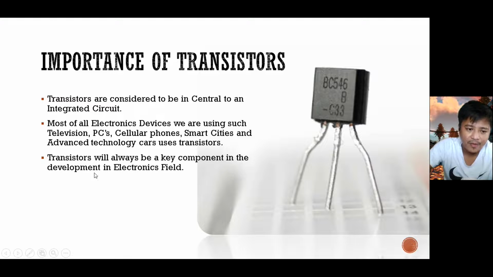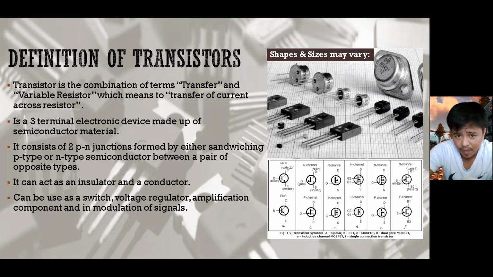And lastly, transistors will always be a key component in the development of the electronics field. I know they are still improving this, and transistors are really an essential thing for that. Okay, let us go with the next slide.